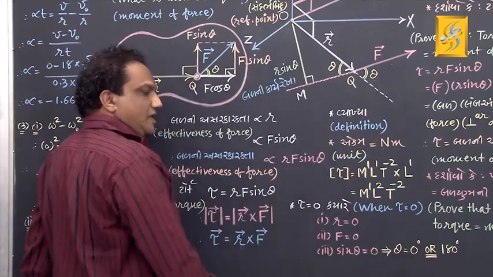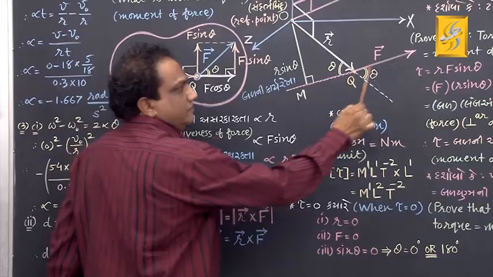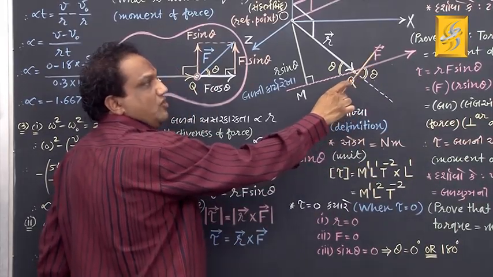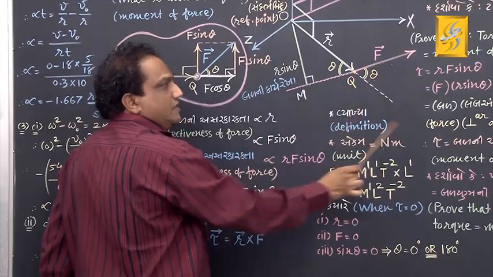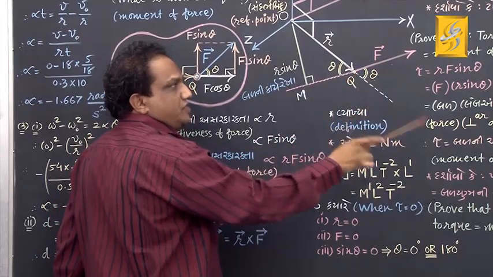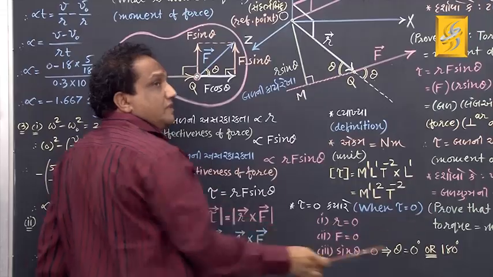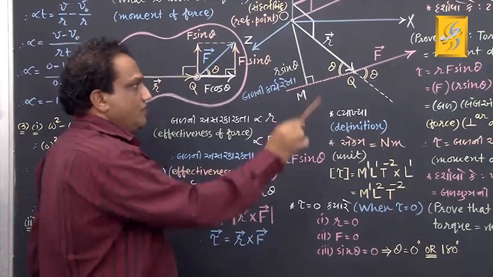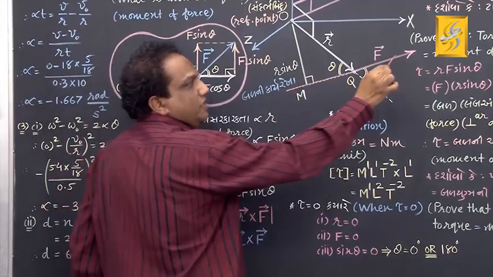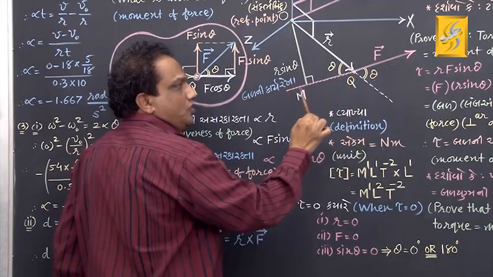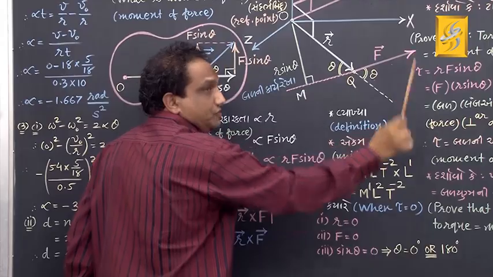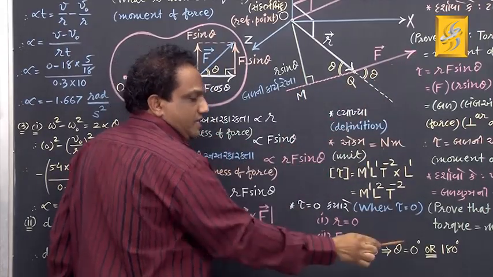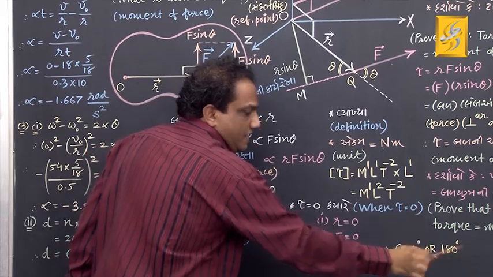Fine. Now tell me, what is this line? This is the line on which the direction of force is located. Such a line along which the direction of force is aligned is known as the line of action of force. So if you take the reference point here or here, means you are taking a point on the line of action of force, then theta is either 0 degrees or 180 degrees.